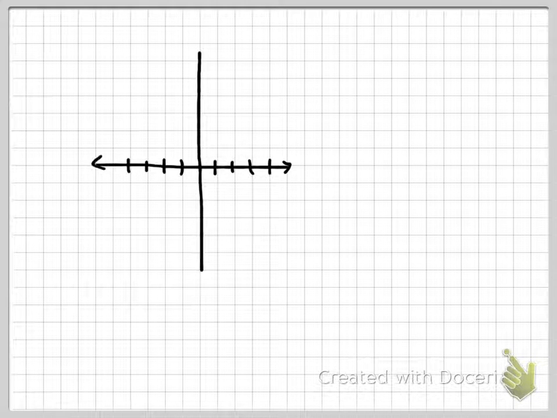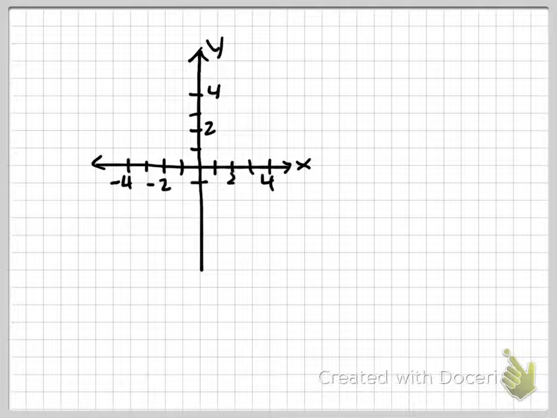So here's my x's. 2, 4, -2, -4. And here's my y's: 4, 2, -2, -4.